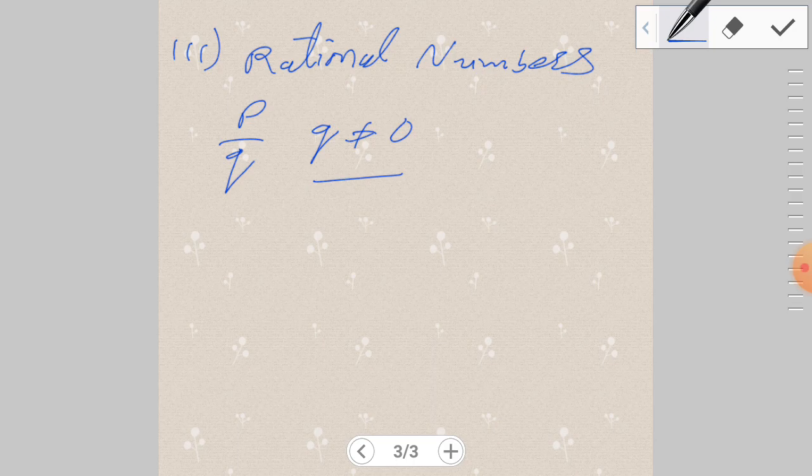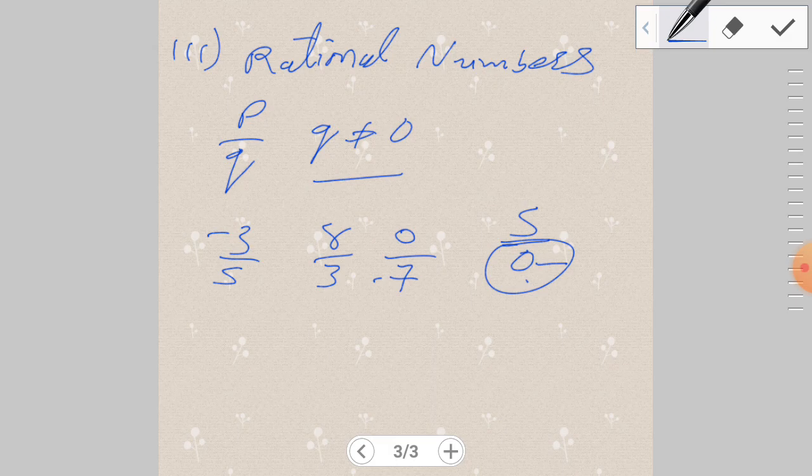That means we can write a rational number in the form of minus 3 upon 5, 8 upon 3, 0 upon minus 7. But we cannot write any number in the form of 5 upon 0. That means its denominator cannot be 0 at any time. So here there is a 0, so we cannot include this in the rational numbers.